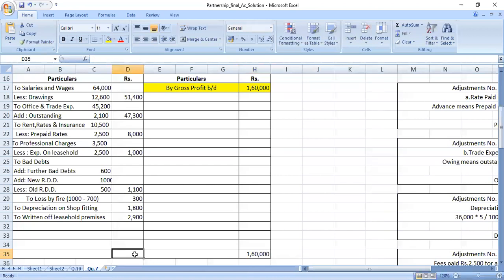What about the debit side total? How much will be the profit? To net profit carried down. Can you find out the profit?